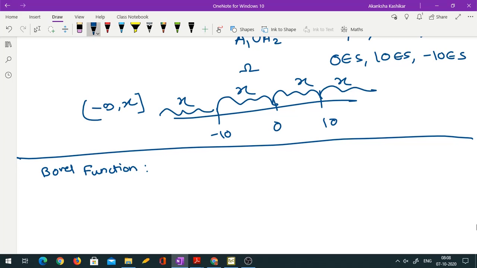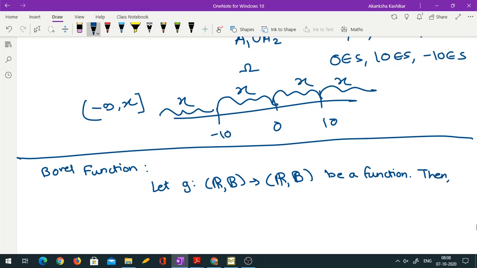Now let G from R to R be a function. Let G be a function defined from real numbers to real numbers.